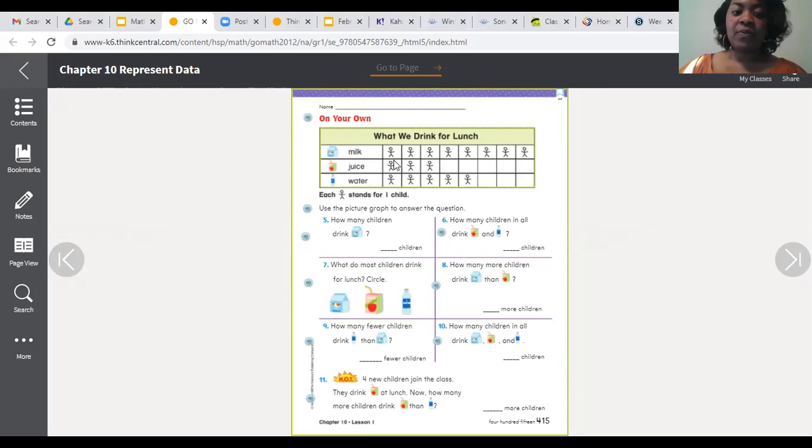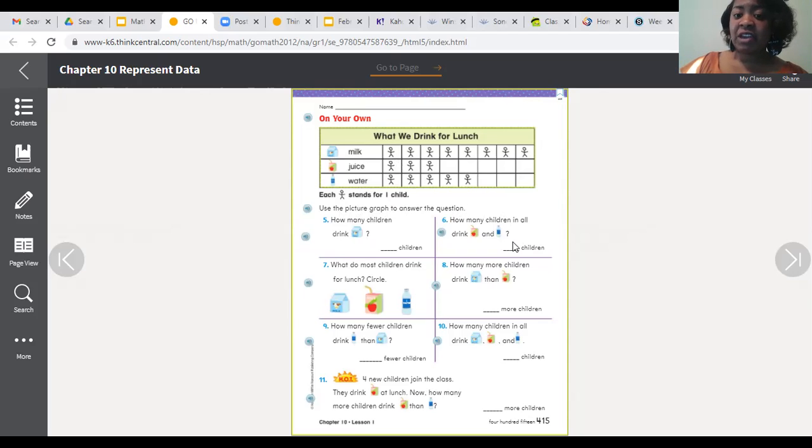So here are some things that we can ask. How many children drink, and what's that picture representing? Milk. So we can go to our graph and we can count how many children chose milk. Now, number 6, how many children in all drink juice and water? In all.